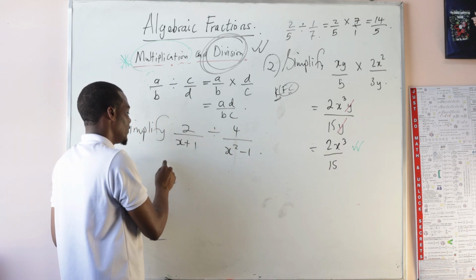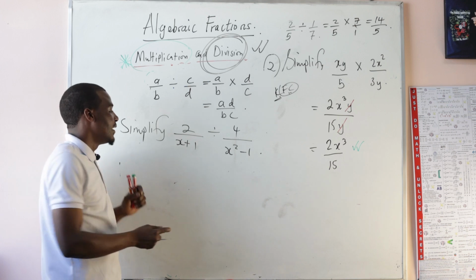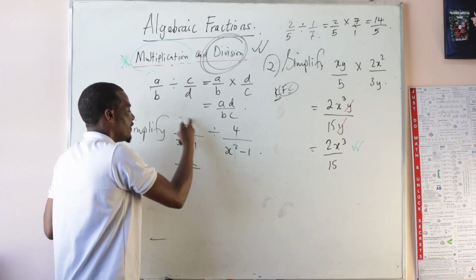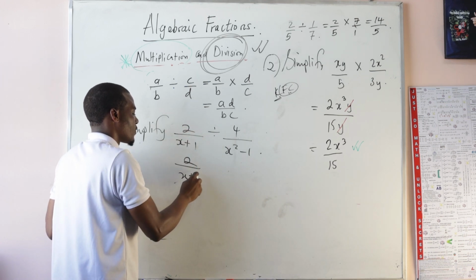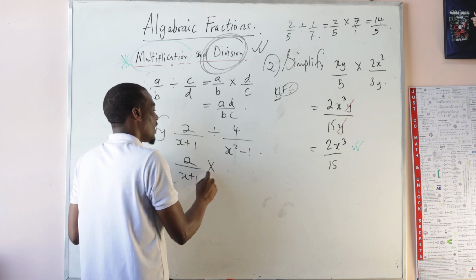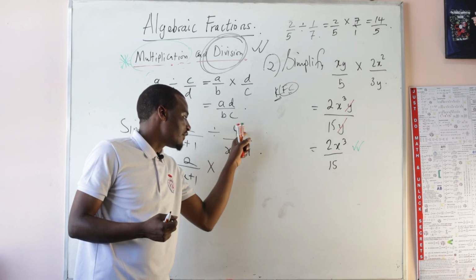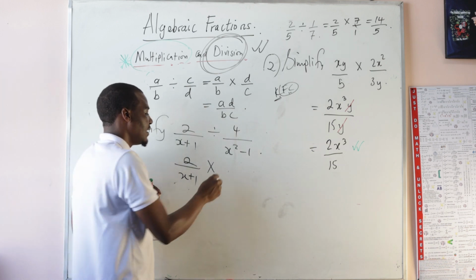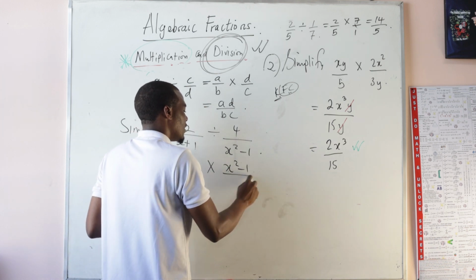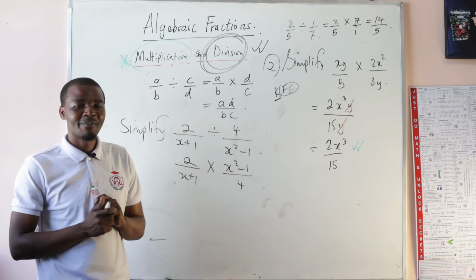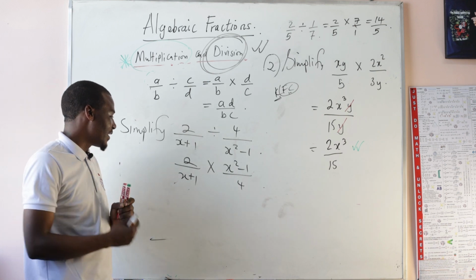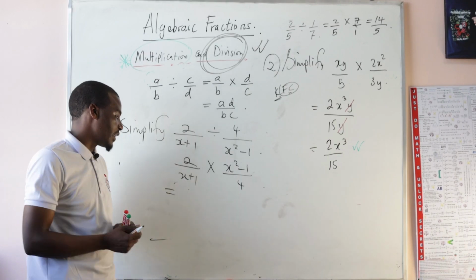According to what I've said, we keep the first fraction, which is 2 over x plus 1, and multiply by the reciprocal of the second fraction. The reciprocal of 4 over x squared minus 1 is x squared minus 1 all over 4.